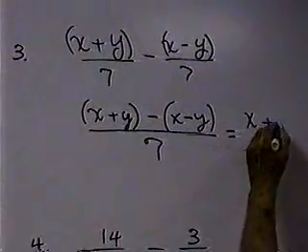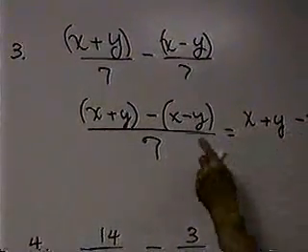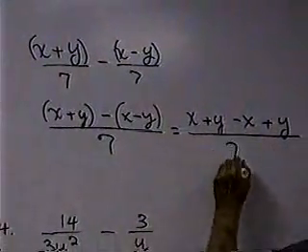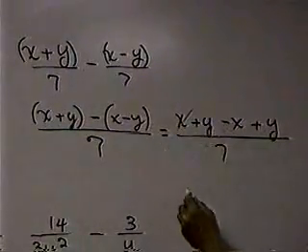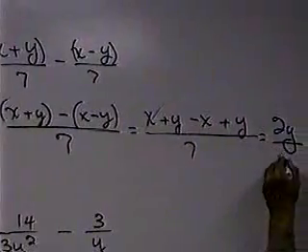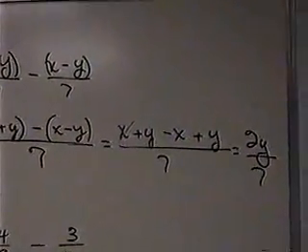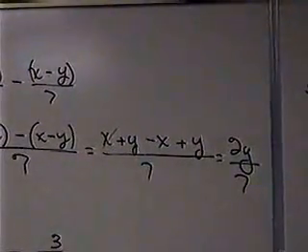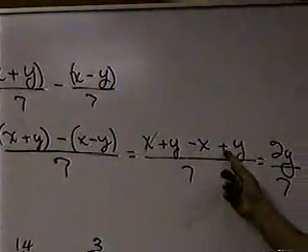So we have x plus y. Minus times a plus x is a minus x, and a minus times a minus y is a plus y over 7. And look what happens. The x's add up to 0, and so what we have for a final answer is 2y over 7. Okay, so this example is trying to point out the idea of watching out, removing parentheses, and changing the signs.